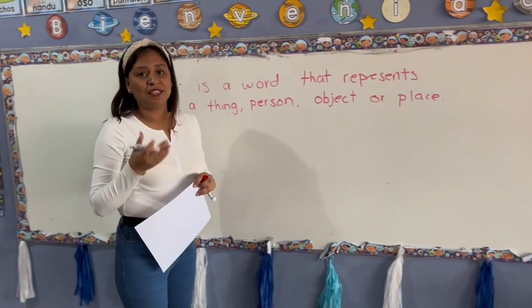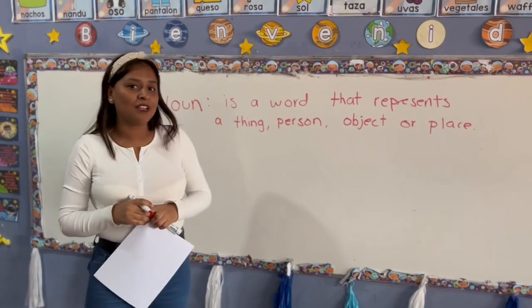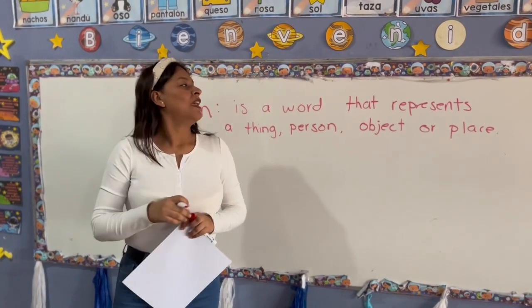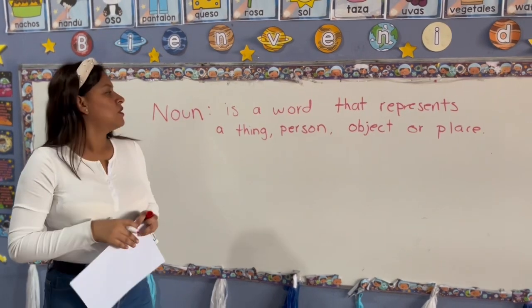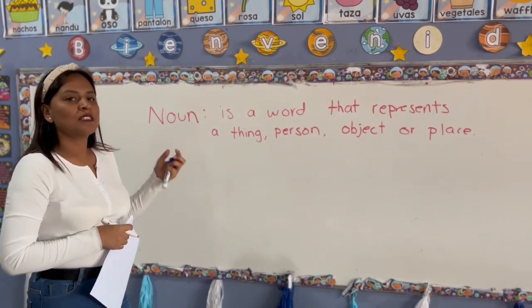Let's talk about some examples of what a noun is. It could be the name of somebody, an apple. It could be the school. Remember, a noun is a word that represents something.